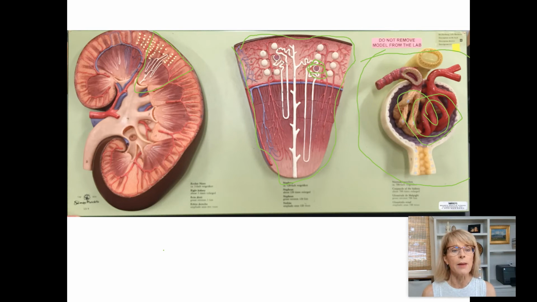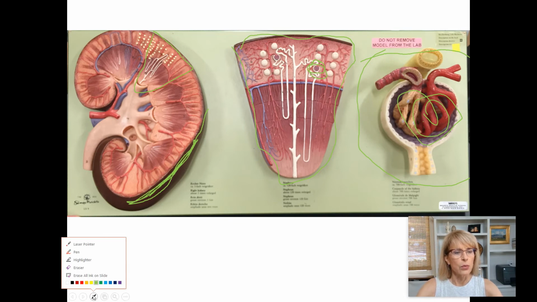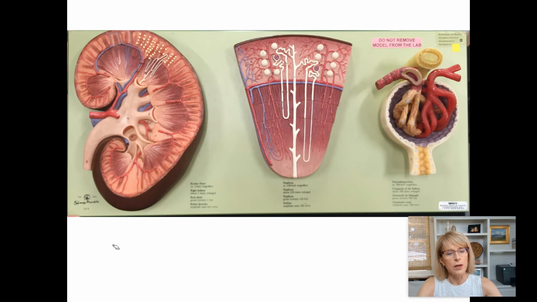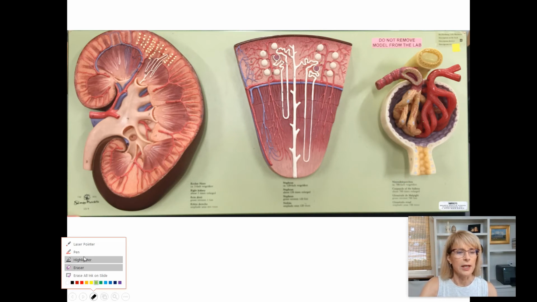All righty. So let's get started talking about the different anatomical parts on page 145. Let's start at the top, the renal capsule. The renal capsule is tough connective tissue that is on the surface of the kidney. All right, that's the renal capsule. Now, we've got two terms. One is renal cortex, and one is renal medulla. Renal cortex, renal medulla, and the renal hilum, these are actually just regions of the kidney.